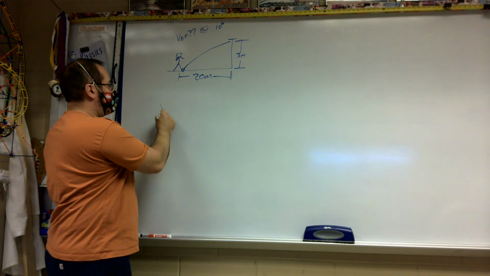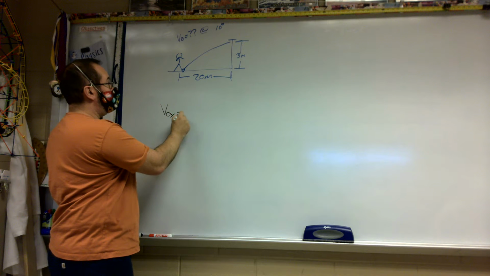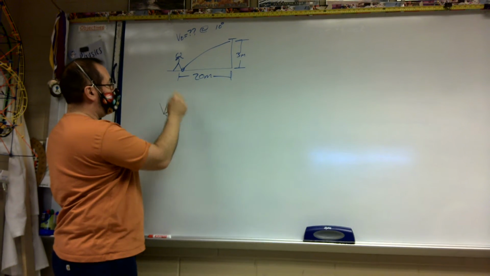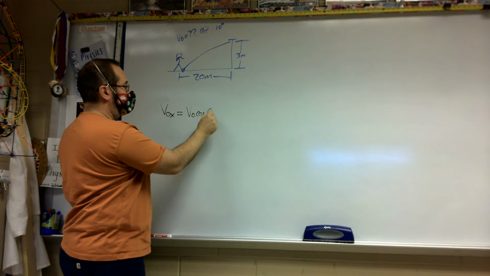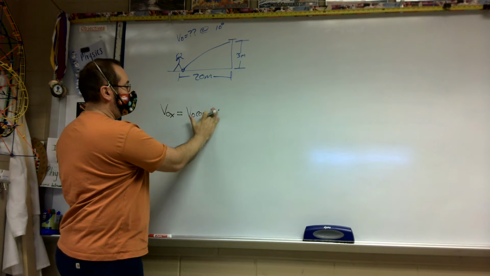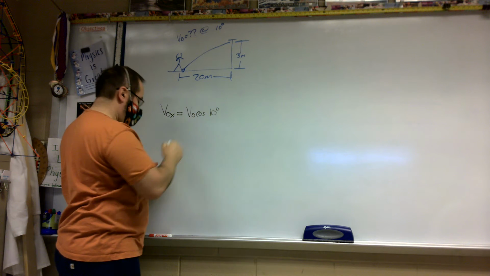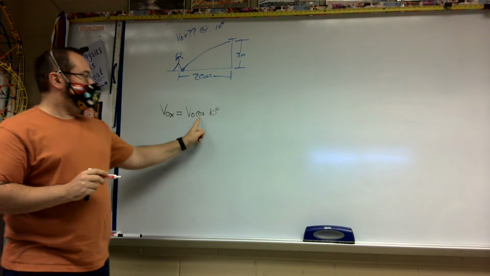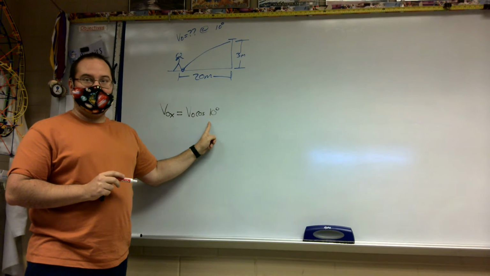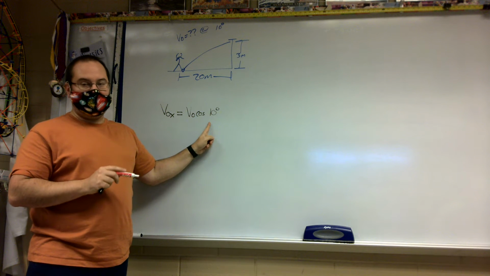So we know that v initial x is equal to the initial velocity times the cosine of theta. In this case, theta is 10 degrees. You could plug cosine 10 into your calculator and get a decimal. That would be okay, it would definitely not be marked wrong.